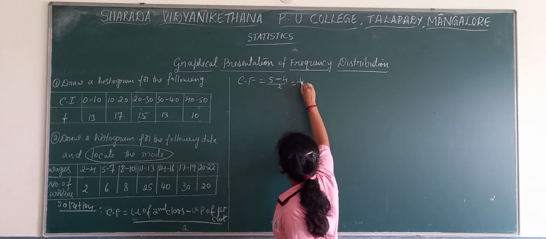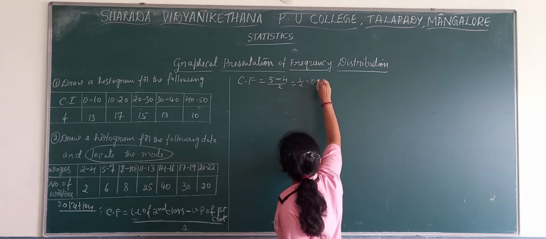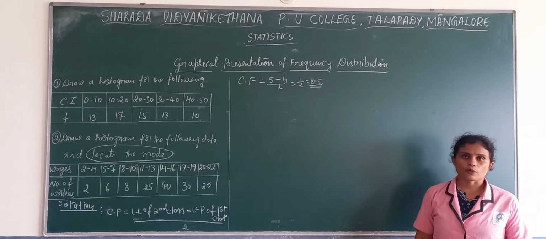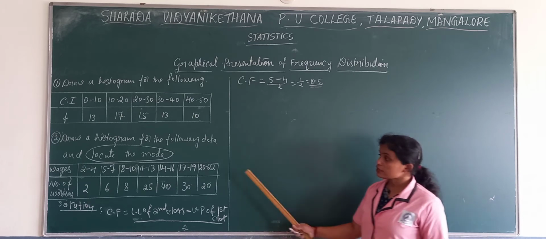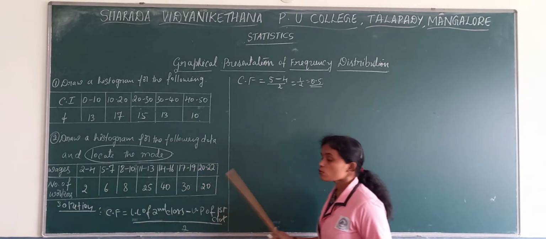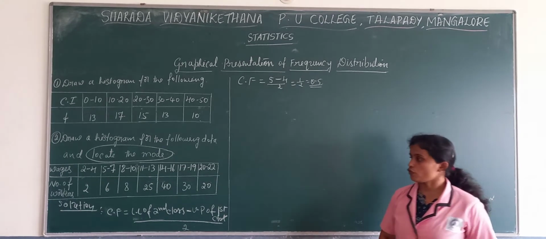What do you get? 1 by 2, that is 0.5. It's not necessary to calculate, it's always 0.5.